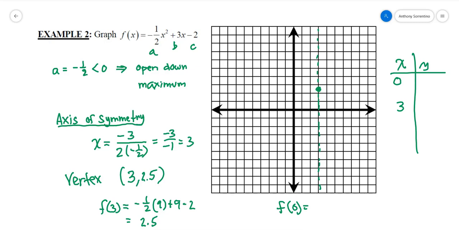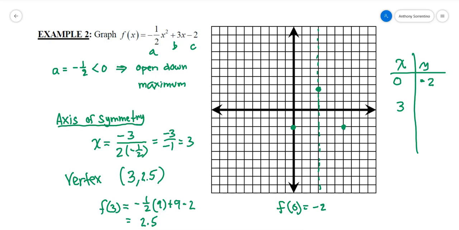So negative 1/2 times 0 squared is 0. 3 times 0 is 0. So I have 0 plus 0 minus 2. That's negative 2. So 0, negative 2 is a point. That's 3 units to the left of the axis of symmetry, so 3 units to the right, I should have its mirror image.